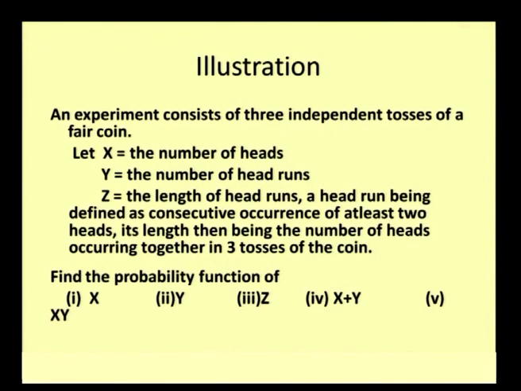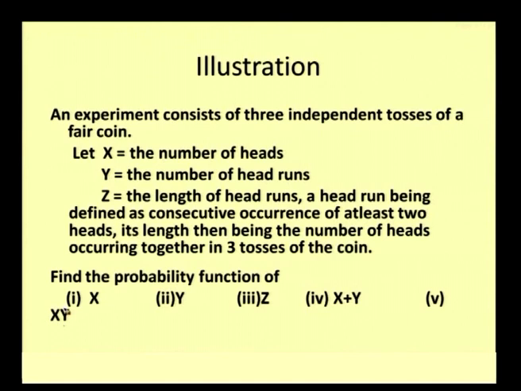Continuing with the discrete random variable illustration, this is an example of a discrete random variable where you have to find the probability function of discrete random variables and then addition of discrete random variables and multiplication of discrete random variables. We have to find the probability function for addition and multiplication of discrete random variables.